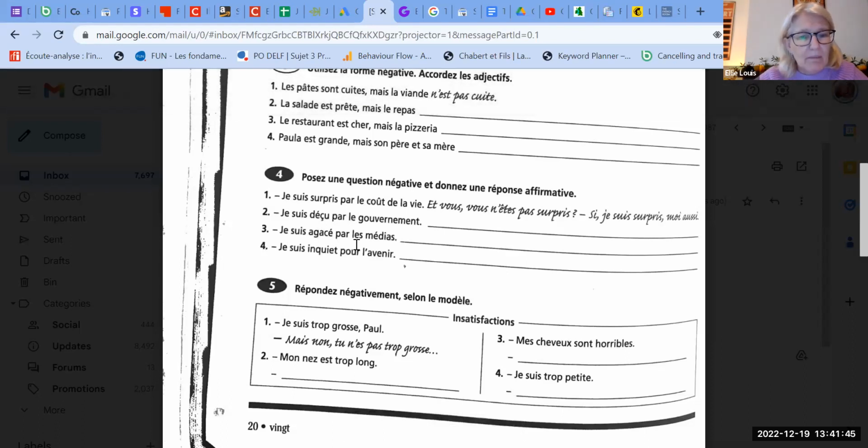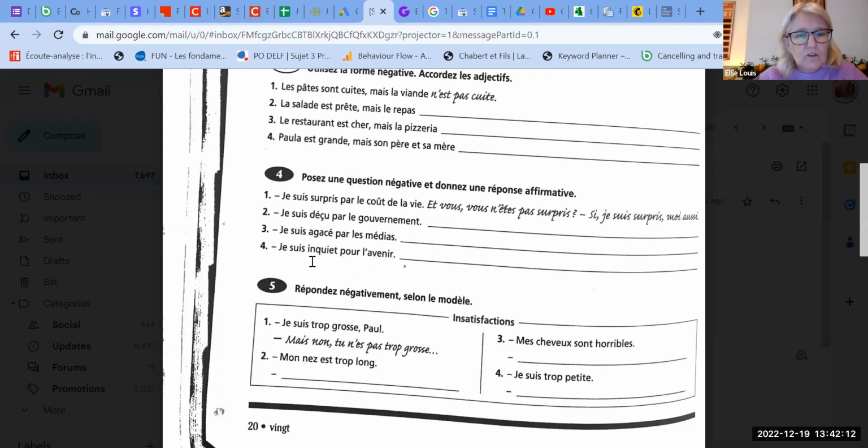Je suis agacé par les médias. I'm annoyed with the media. Over to you. Et vous, vous n'êtes pas agacé par les médias? Bah si. There'll be a little bit of bah in there as well, yeah? Bah si, je suis agacé, moi aussi.